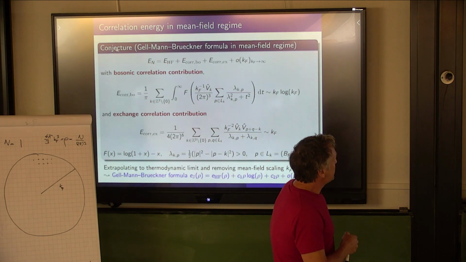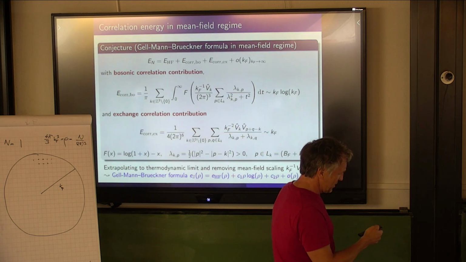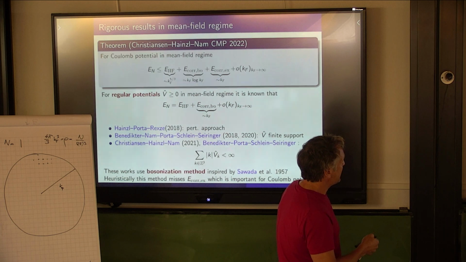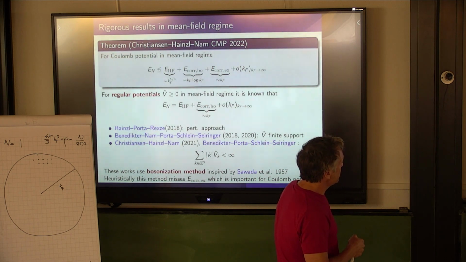So now the goal is to prove at least this. And before commenting more on it, I will tell you that the next slide shows that we gave a proof for an upper bound in that case, and a proof for the lower bound hopefully will be reachable in the not too distant future.